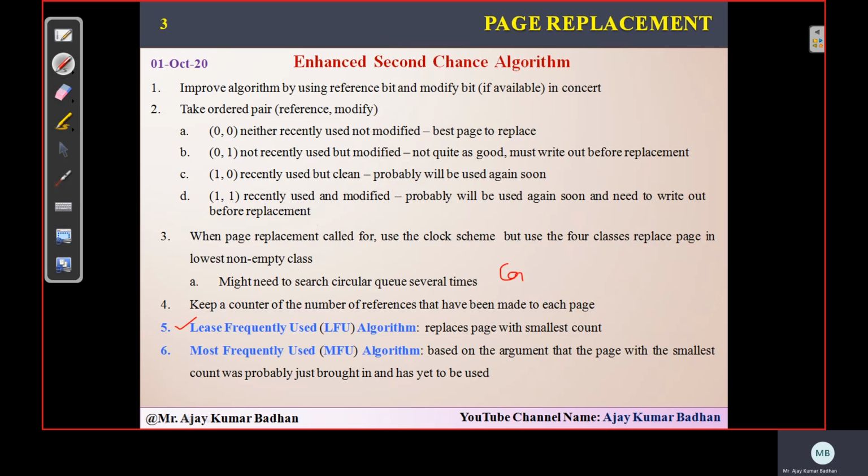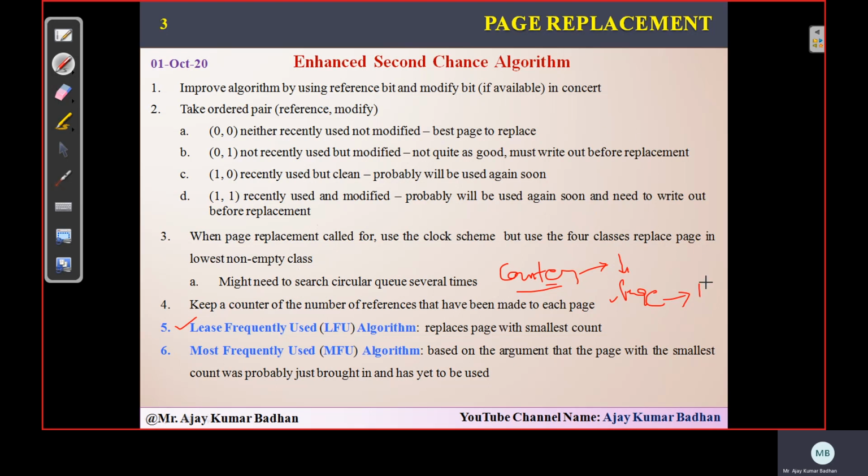Here we will be using something called a counter, and this counter will keep on incrementing. The main idea behind the LFU algorithm is that whenever a particular page is accessed, the counter of that page will increment. So the number of times this page is accessed, that many times the counter will be incremented by 1.